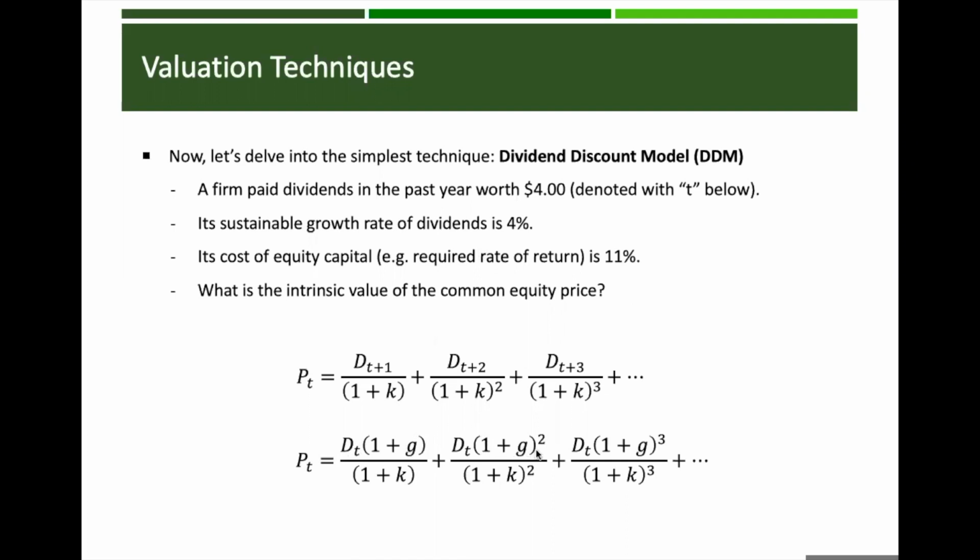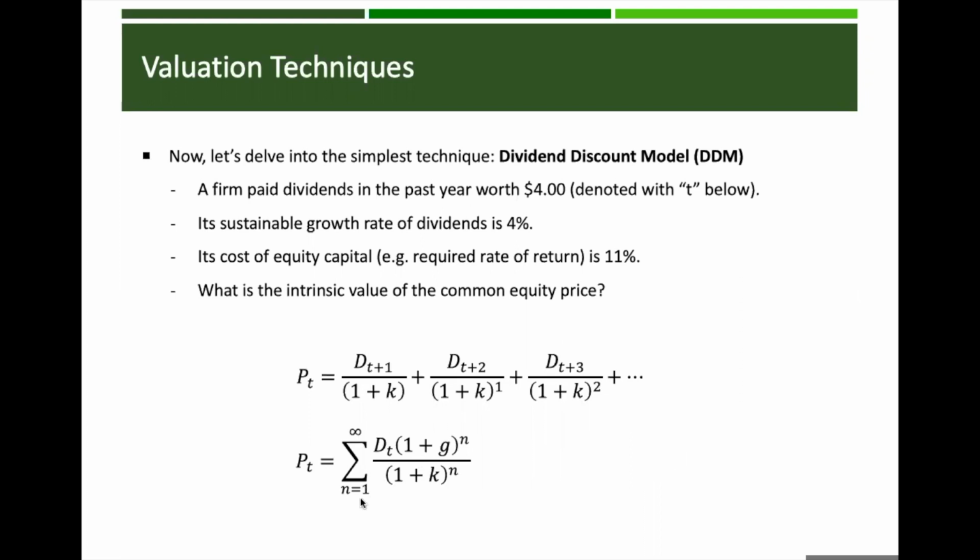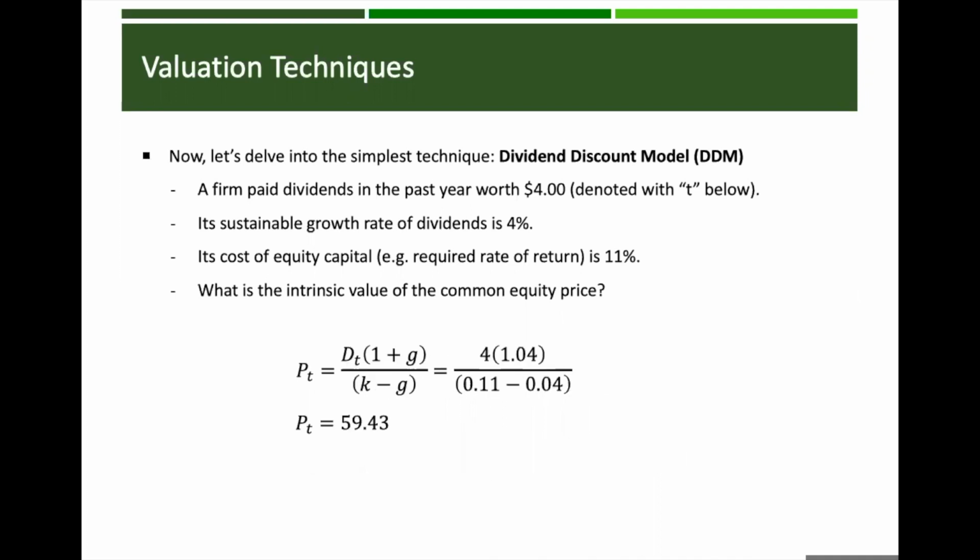Multiply by 1 plus the growth rate again, so (1 + g) squared. That's the dividend that will be paid in 2 years' time. And it goes on forever. And this is the exact formula that I was working on in those last few slides. So if you simply plug everything in, it's a very straightforward exercise.